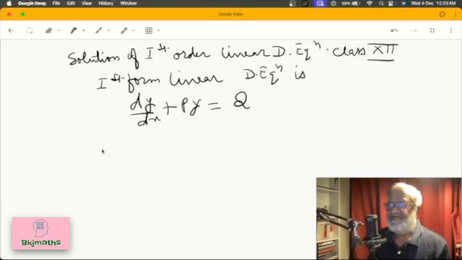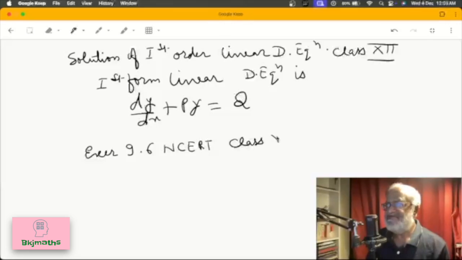We solve the questions now. Exercise 9.6, NCERT class 12th. Question number 3.